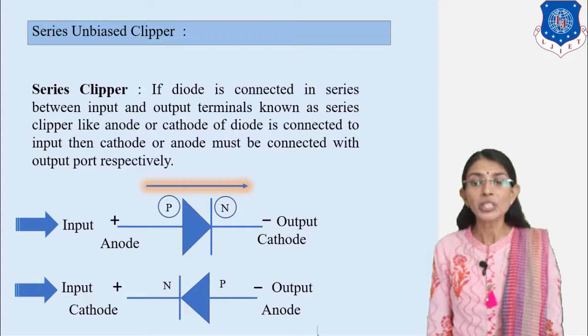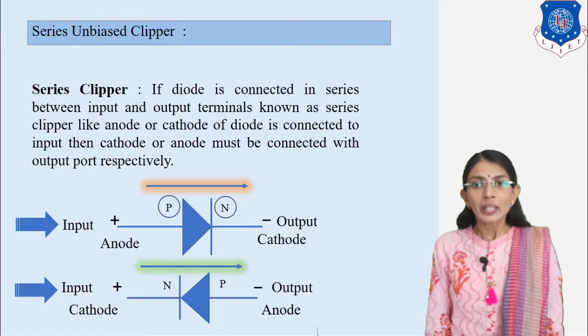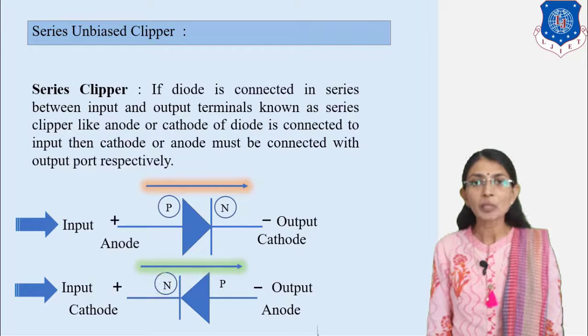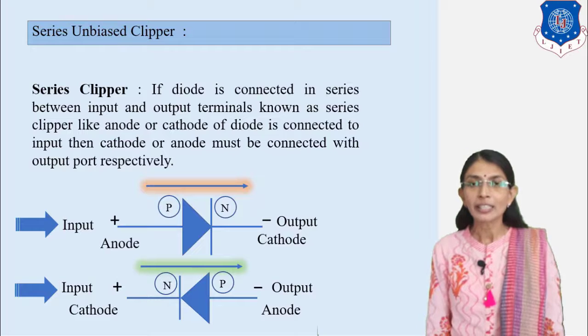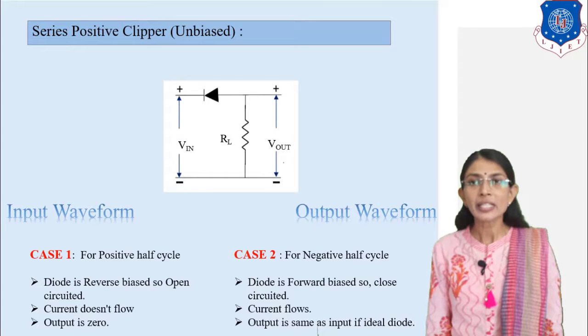But if the input signal is applied as in diagram number 2, that means in this direction, where N is connected with plus input and P is connected with minus input, then it is known as reverse biasing condition. So according to the direction and position of the diode, we will define the different types of the clipper. So let us start with the first, series positive clipper.